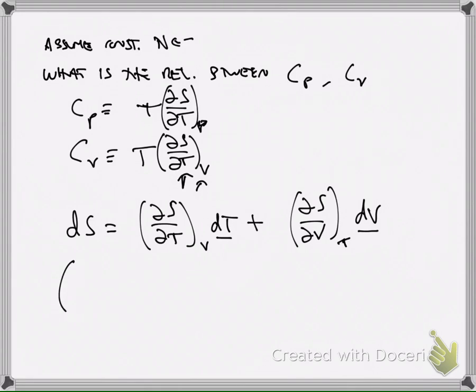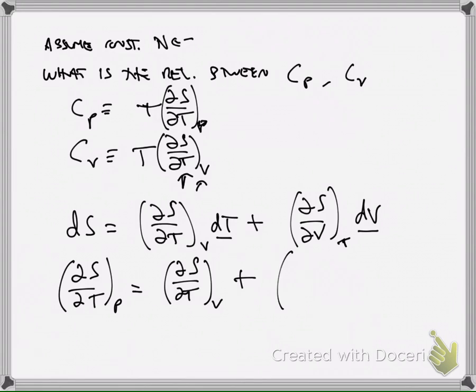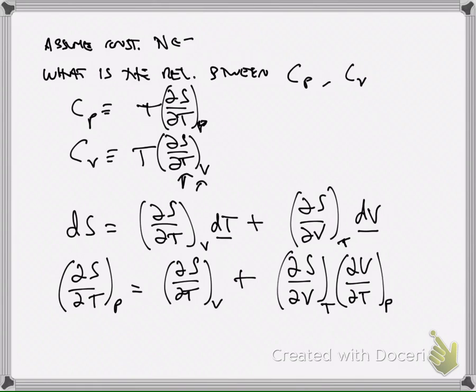So if we do that, we have partial S partial T at constant pressure equals partial S partial T at constant volume plus partial S partial volume at constant temperature from before, times partial volume partial temperature at constant pressure, right?